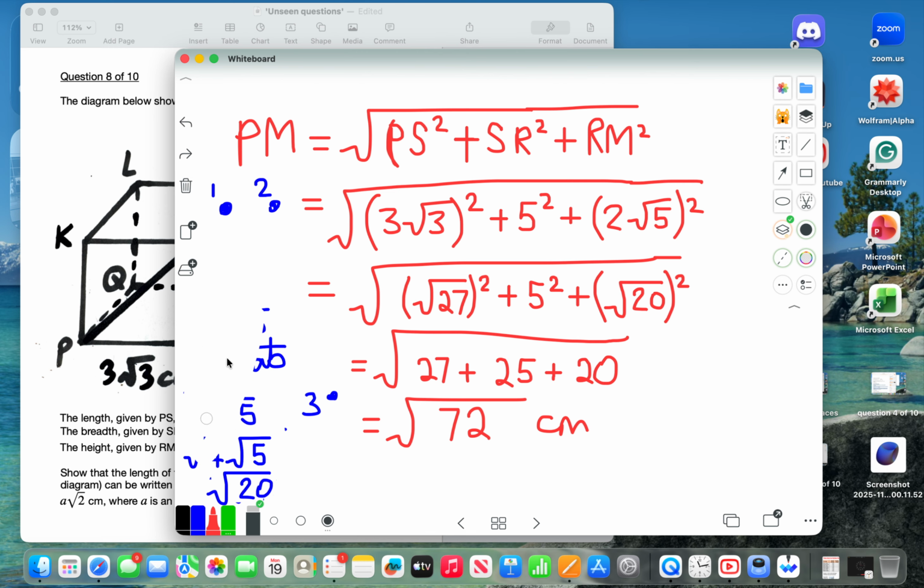So what we want to do is write root 72 in the form a root 2. Now to do this, what you want to do is write out the list of square numbers which are less than 72 in ascending order.